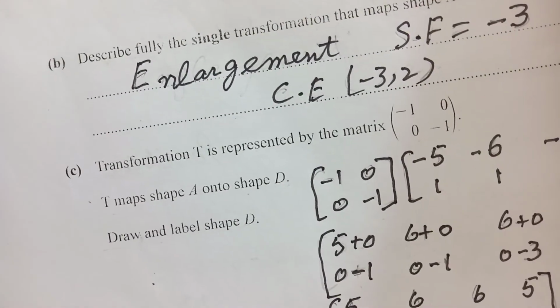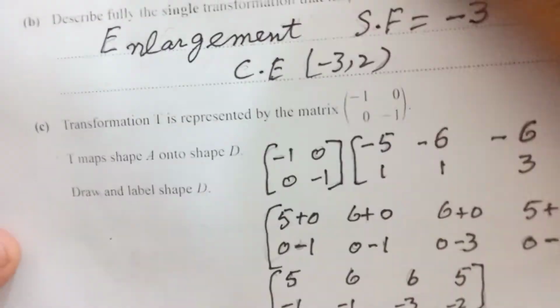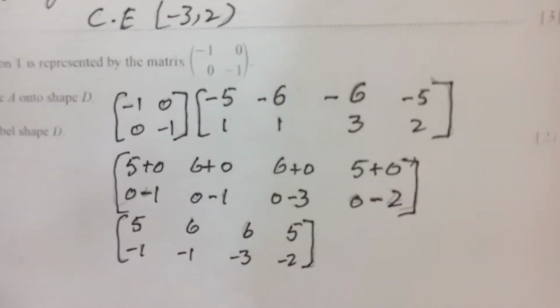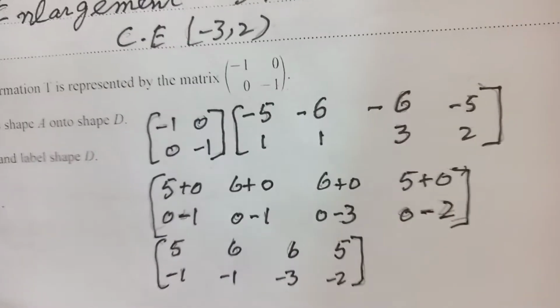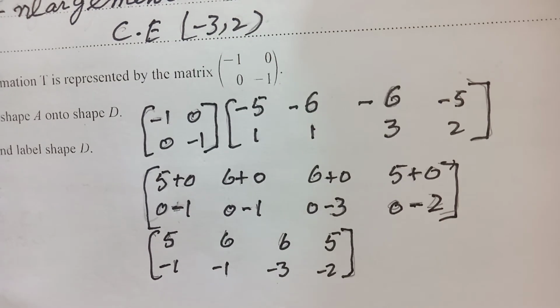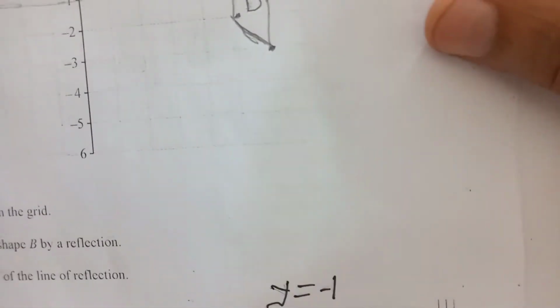T maps A onto D. Draw and label that shape D. You can see I have drawn it on the graph, and you can calculate the coordinates of D by multiplying the transformation matrix with the coordinates of the object, and you will get the image. The answer is this, and this is plotted on the grid. This is the shape D.